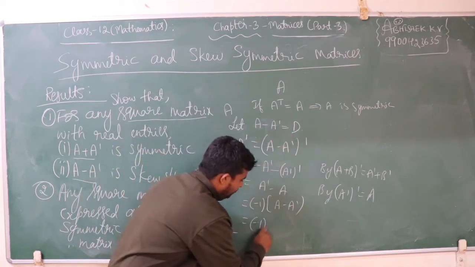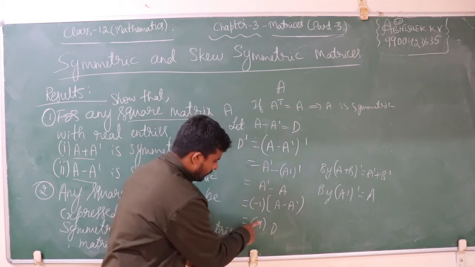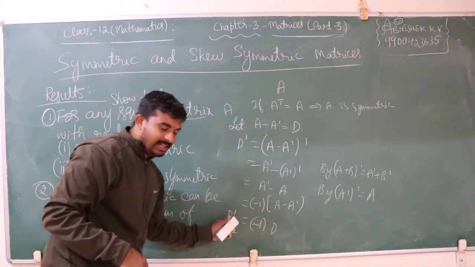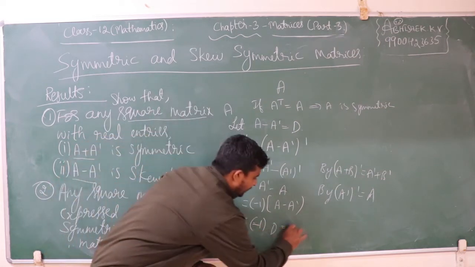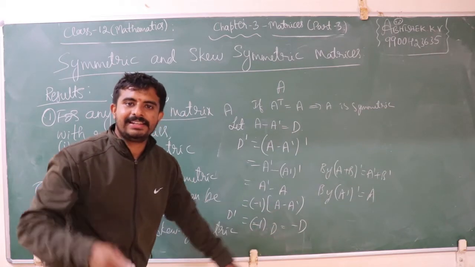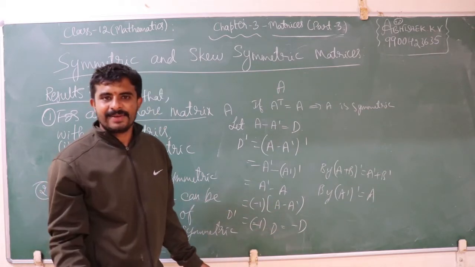This is equal to minus 1 into D. What is the LHS part? D transpose. So D transpose is equal to minus 1 into D, which is minus D. If D transpose is equal to minus D, then D is a skew symmetric matrix.